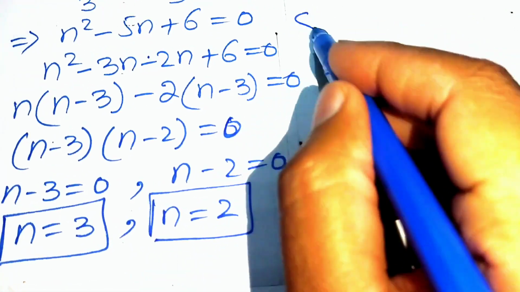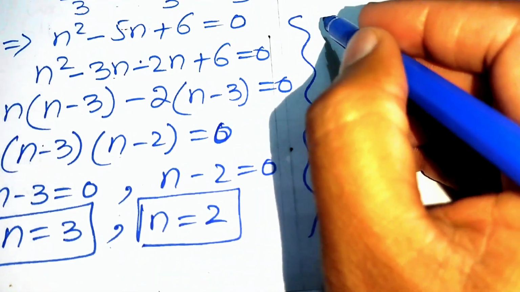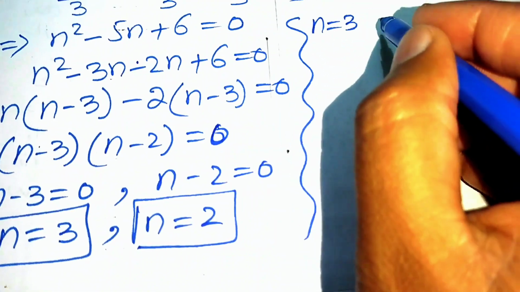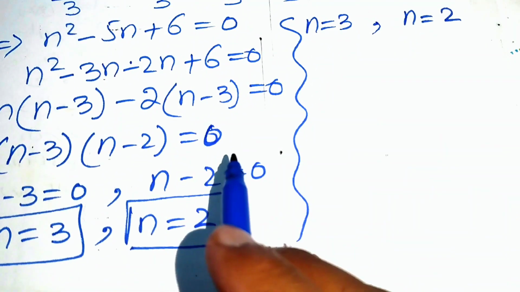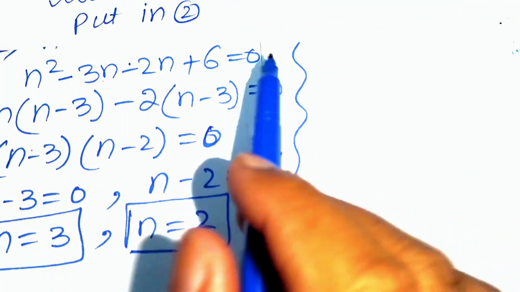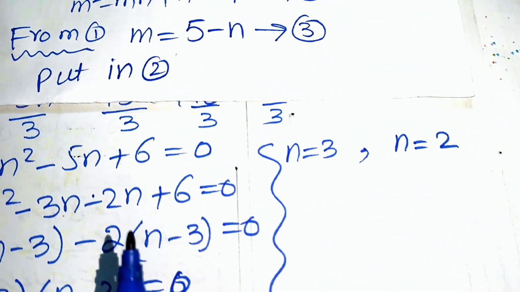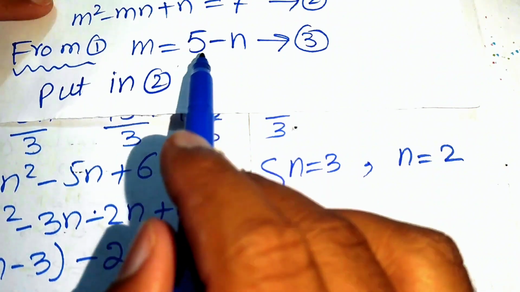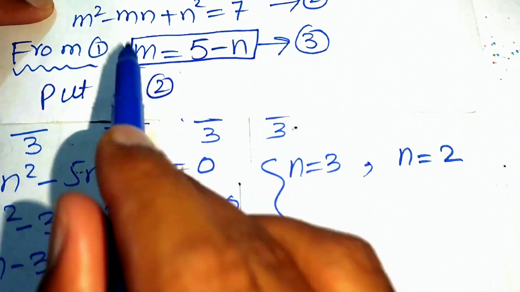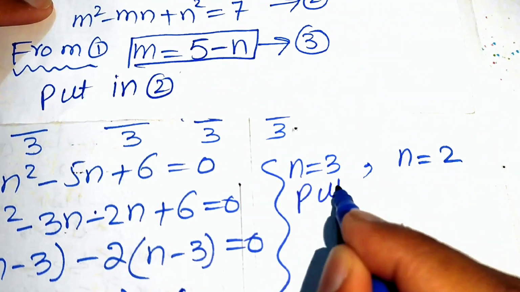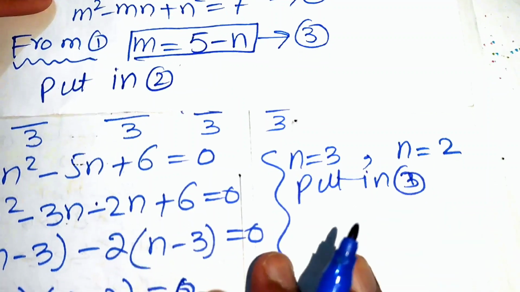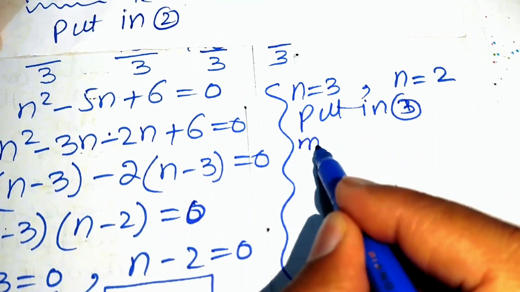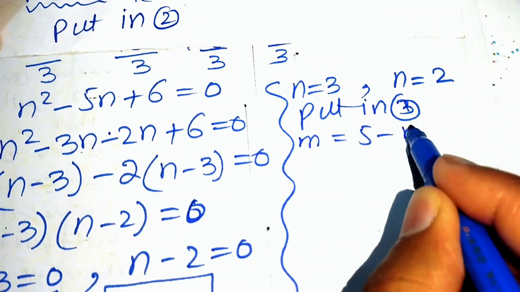According to these two values of n, we find the value of m. So we have n equals to 3 and n equals to 2, and now we put these two values of n in equation number 3, which is m equals to 5 minus n.